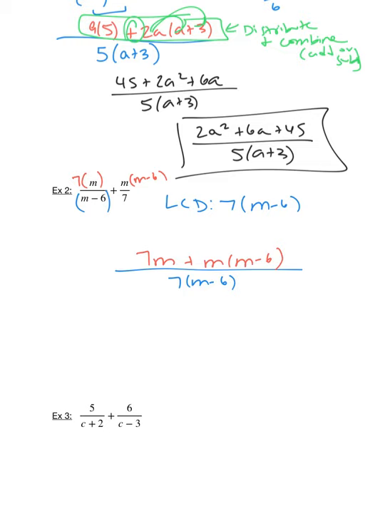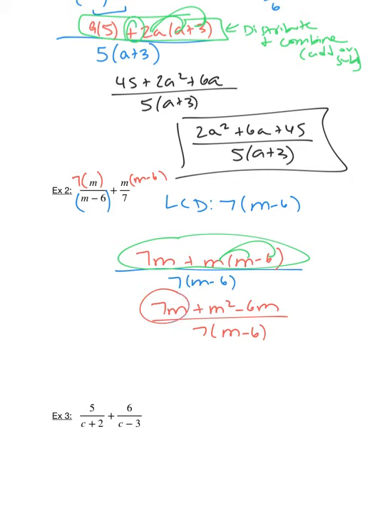Again, all this has to be combined, and in order to do that, you have to distribute here and then add or subtract in other situations. So I'm going to distribute. I get 7m plus m squared minus 6m all over the denominator, 7 times m minus 6. These can be combined. I have m plus m squared all over 7 times m minus 6.